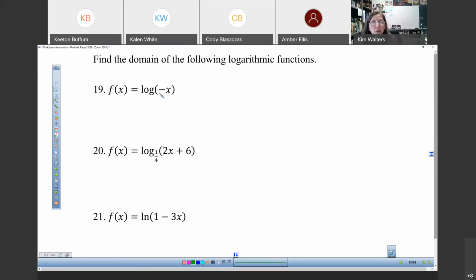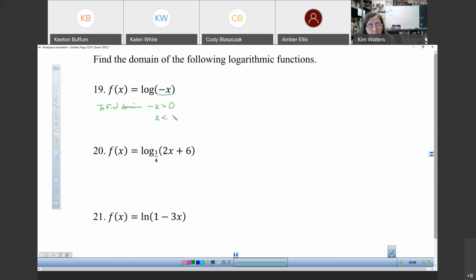So to find the domain of a logarithmic function, we take whatever's inside and set it greater than 0. That means I have to divide both sides by a negative. Remember what happens with my inequality?